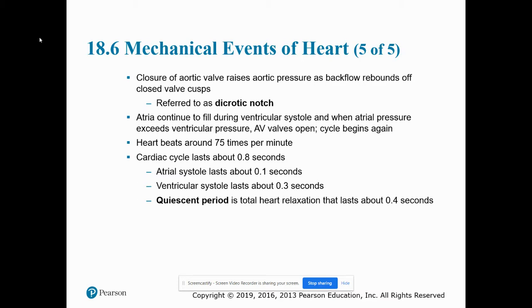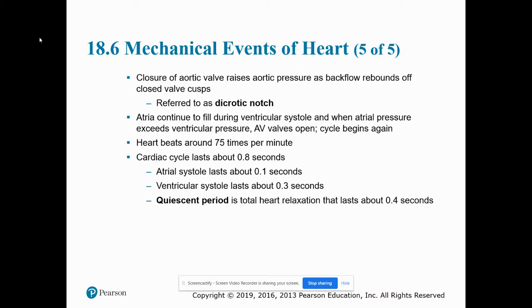And then the semilunar valves are going to close, and then it's going to rebound off of the closed valves. And this is called the dicrotic notch. The atria continue to fill during ventricular systole; when atrial pressure exceeds ventricular pressure, the AV valves open and the cycle begins again.